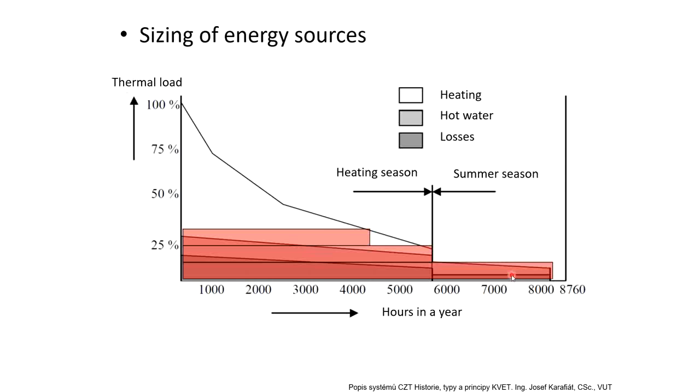So typically what you can do is to design some base load system which would run at constant power all year round, and then you would have some different system, eventually a peaking system, which would provide the heat just in the shorter period of time.